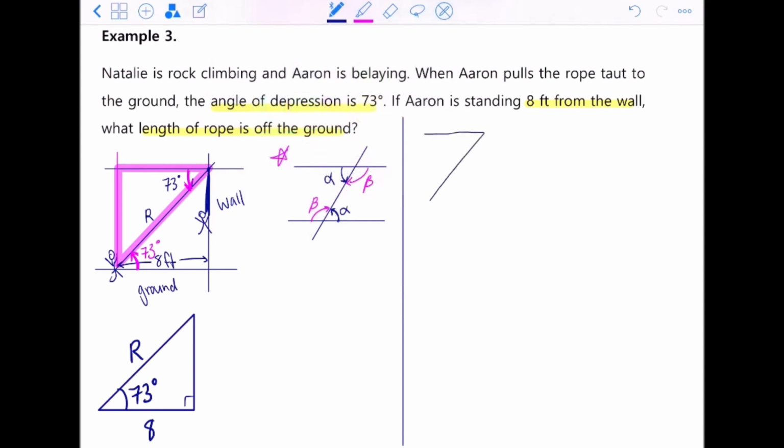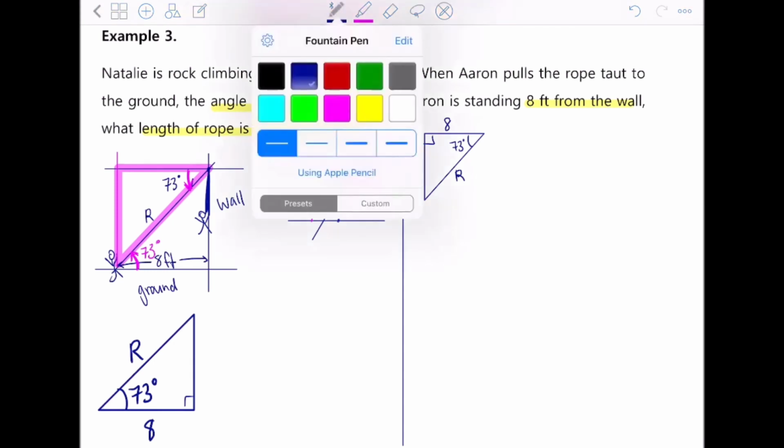And because we know that the distance between Aaron and the wall is 8 feet, I can just keep the 8 there as the horizontal distance. And we have 73 degrees as the angle of depression, and we're looking for R. So we didn't have to know the line and angle properties in order to solve this question. You can just form a new triangle.